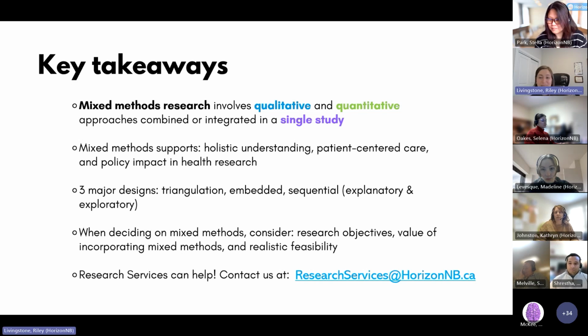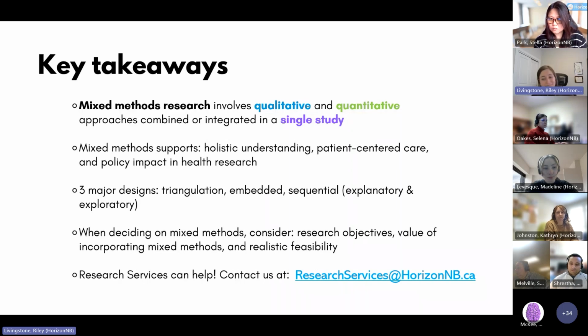We also looked at some important considerations for deciding if mixed methods is right for your study, but ultimately deciding whether to use it comes down to balancing your study's goals, the value that mixed methods could potentially bring, and balancing that against what's realistic for your team and its resources.